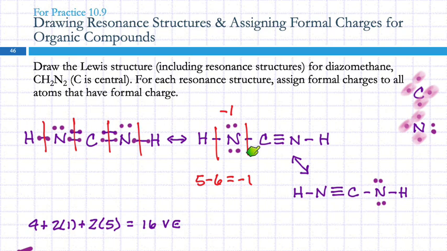How about this carbon? Carbon likes to have 4 bonds. The carbon has 4 bonds. That one's 0. This nitrogen wants 3 bonds. This one has 4, so this is not going to be 0 either. So that nitrogen brought 5 and is leaving with 4. So that's going to be +1.